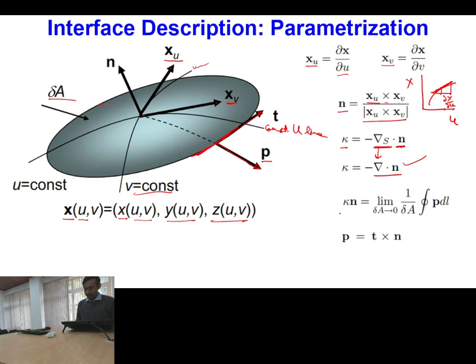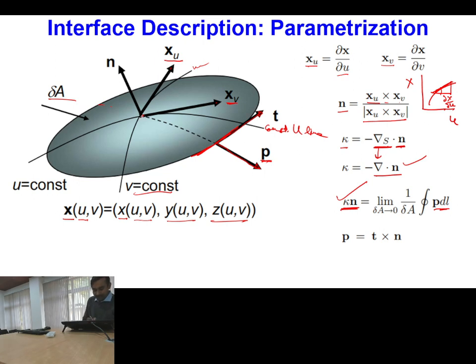Okay. So now if you know this, then you can simply do the line integral of this normal vector over the closed contour, considering that your elemental area is very small, and it will be giving you the product of curvature and the normal vector. So this is the third definition, third method, for defining the curvature. And how you can obtain this vector P?